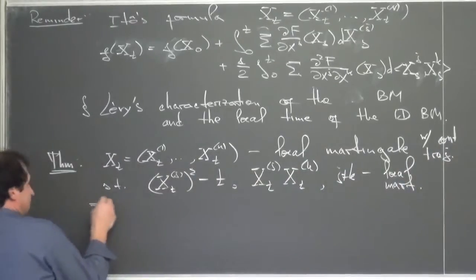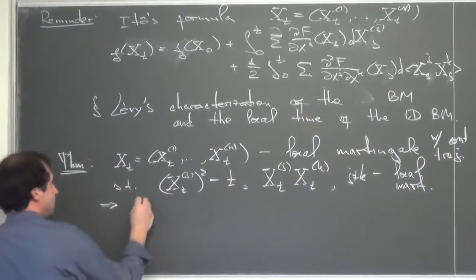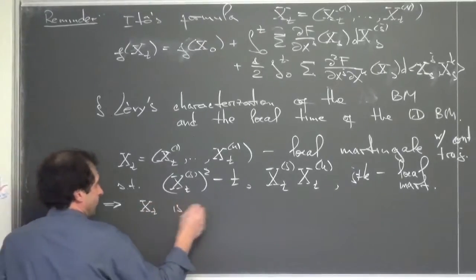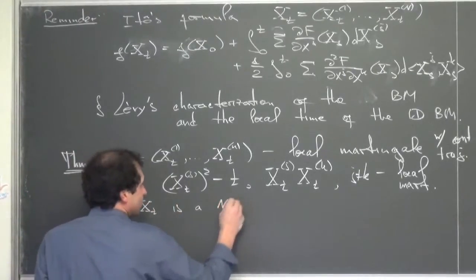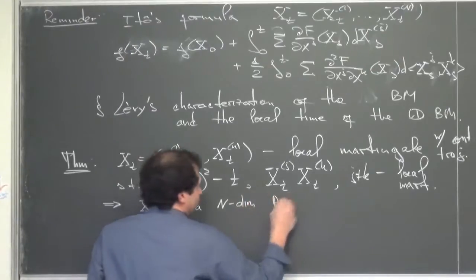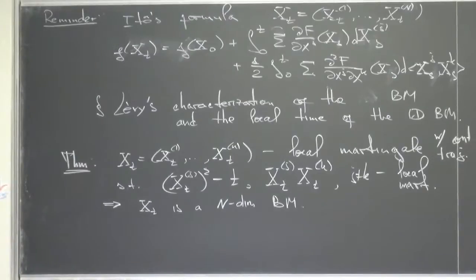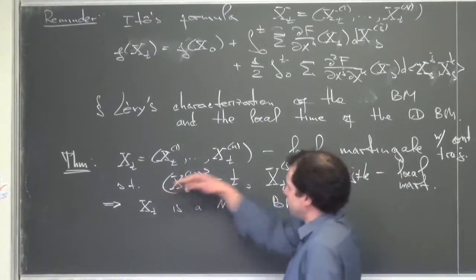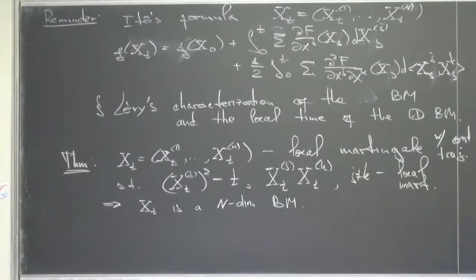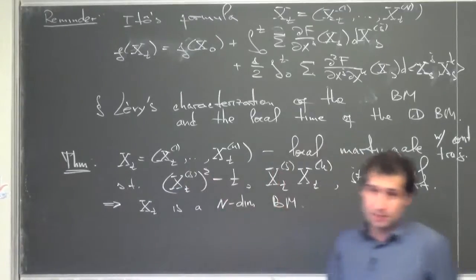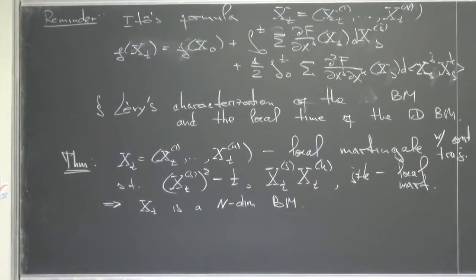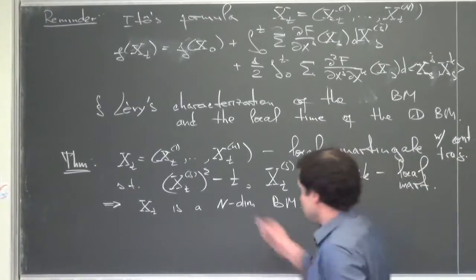The claim is that in this case, X_t is an n-dimensional Brownian motion. So the message is that we saw, for instance, for one-dimensional Brownian motion that there are many martingales, like B_t squared minus t, B_t cubed minus something, 3 B_t t or something like that, and so on and so forth.